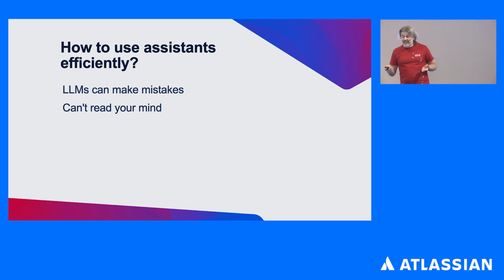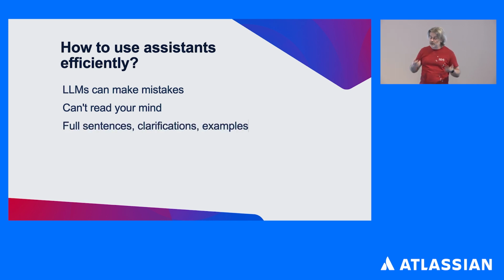Also, unfortunately, LLMs can't read your mind, so you need to tell them exactly what you would like to get, and better tell them more. Some users might think that these are consultants who have worked for many years and will know from a couple of keywords what you need, but unfortunately not yet. So it's better to use full sentences, clarifications, and examples of what you would like to get.